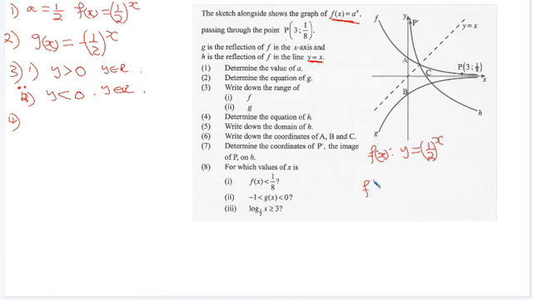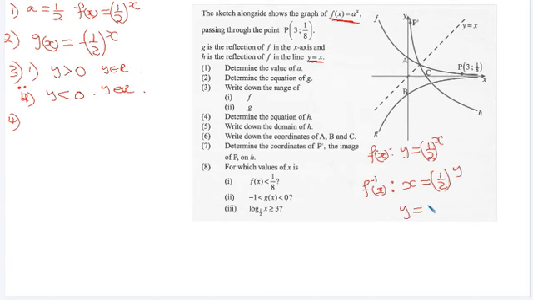So the inverse there of f is, exchange the x and y, we have x is equal to 1 over 2 raised to y. Then make y the subject of the expression.